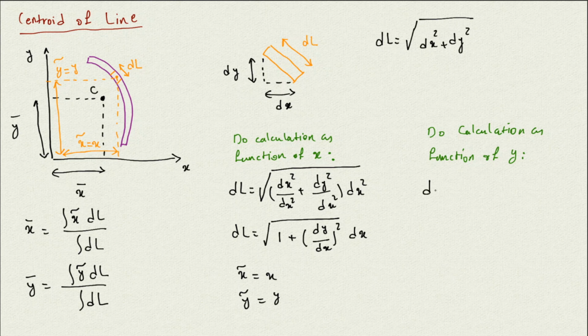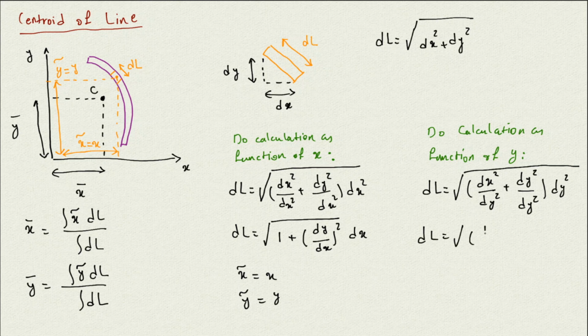So dl is equal to dx squared divided by dy squared plus dy squared divided by dy squared, and then I times everything by dy squared. And then if I simplify that, it's going to be dx over dy squared plus 1, and then I take the dy outside, so it's going to be dy.